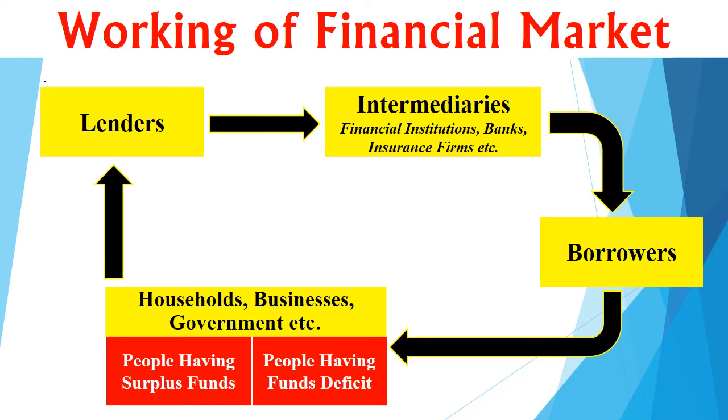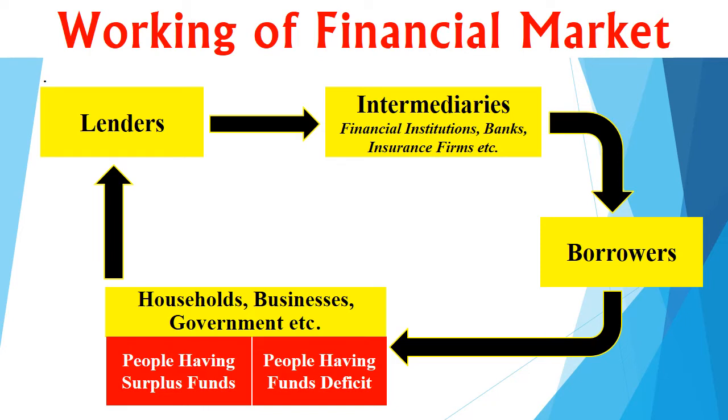Whereas the borrowers are the people who need money. They borrow the money from the lenders through the intermediaries, and the intermediaries are various agencies like banks and other financial institutions who we can say are the link between the borrowers and the lenders.